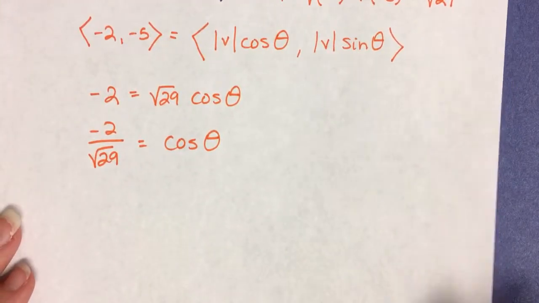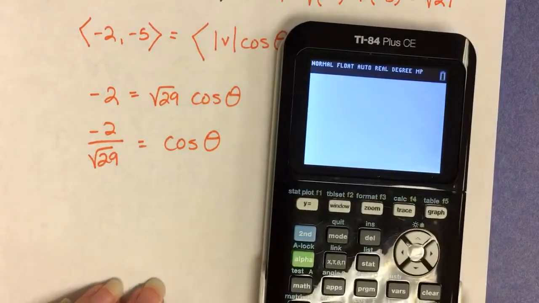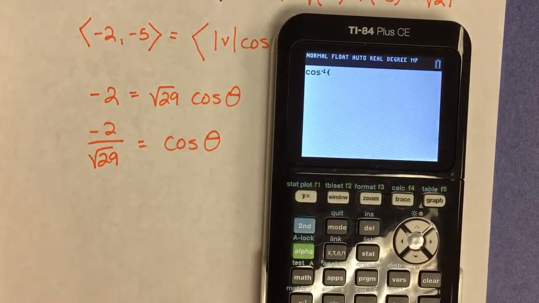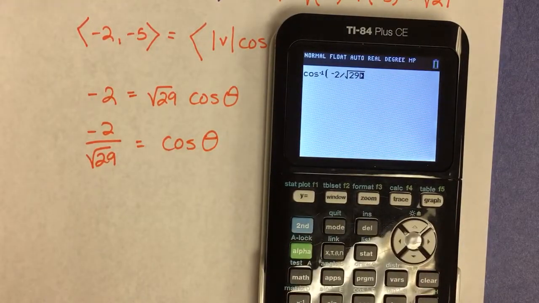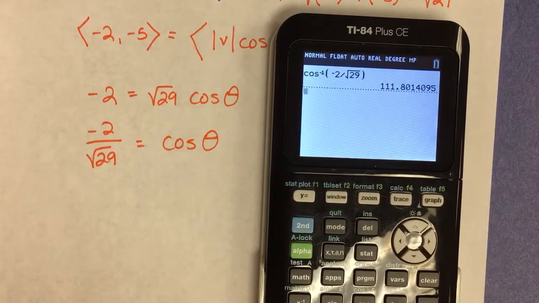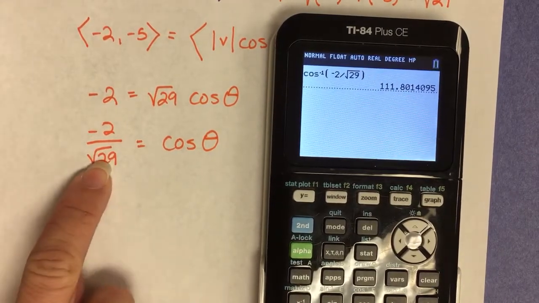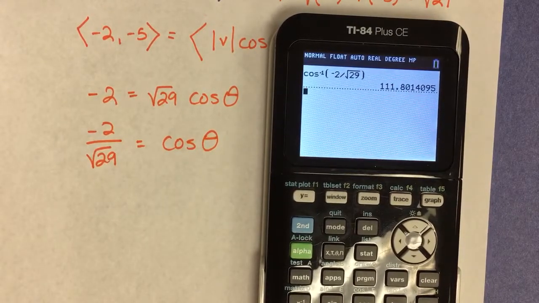But if you were to put this in the calculator, just like we did with the other example, you do second cosine, and then you have -2 divided by square root 29. Then you notice you get 111, but 111 is second quadrant. So here's the confusion that the calculator has. You're putting in a negative value, but cosine is negative in the second quadrant and the third quadrant.